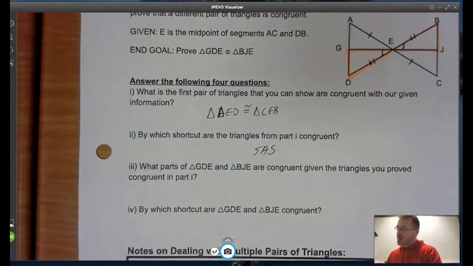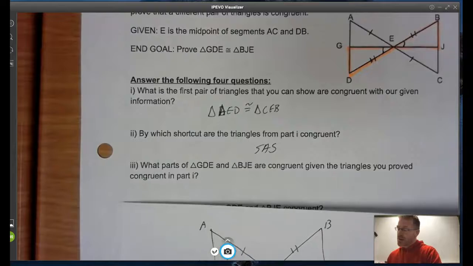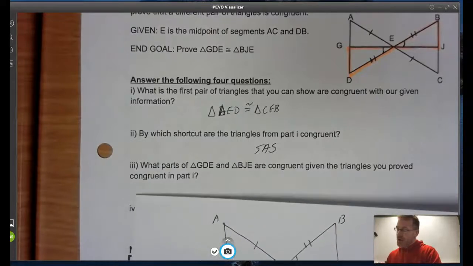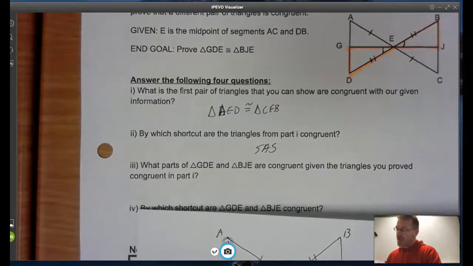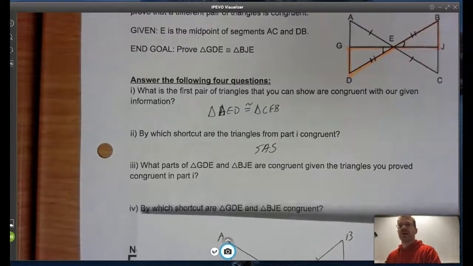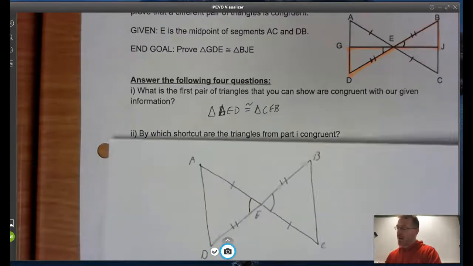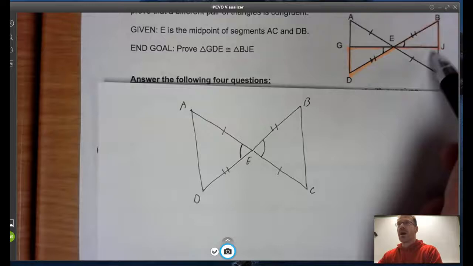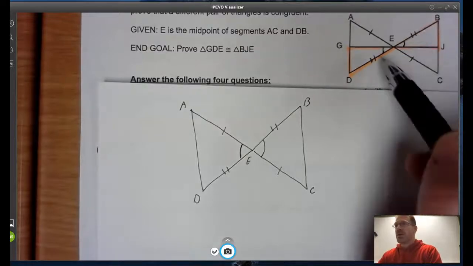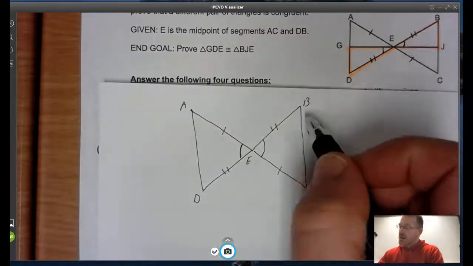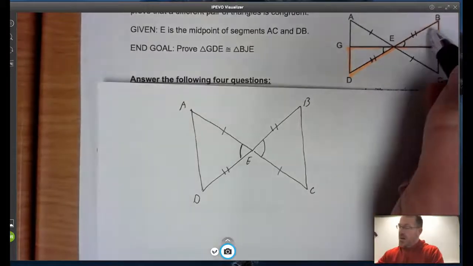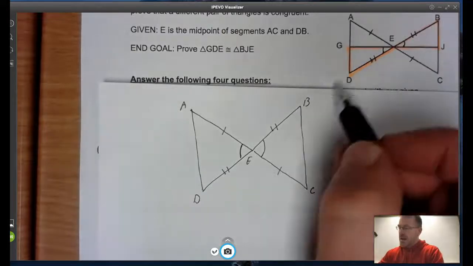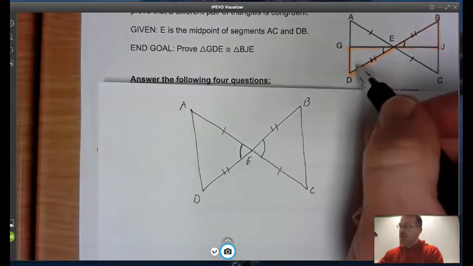Now, when I look, what parts of triangle GDE and BJE are congruent, given the triangles you proved in part 1 here? So here's the big, and here's the small. And when I look, I can see that this angle B is this angle B here, and the angle D here is this angle D here.